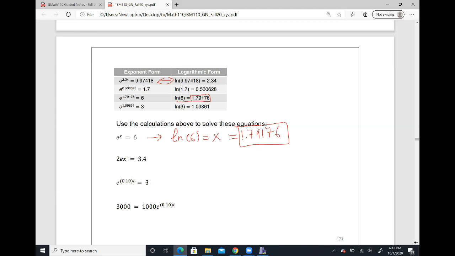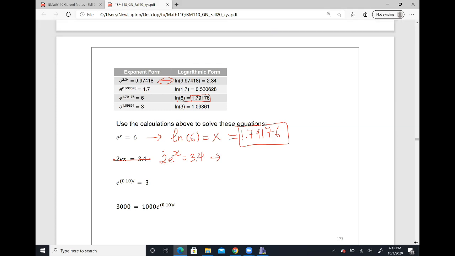Next problem. I believe this problem has a typo. What they want is 2 times e to the power x equal to 3.4. Firstly, you need to eliminate the number 2 because it's next to the exponential term.